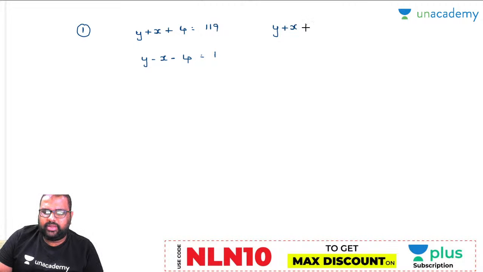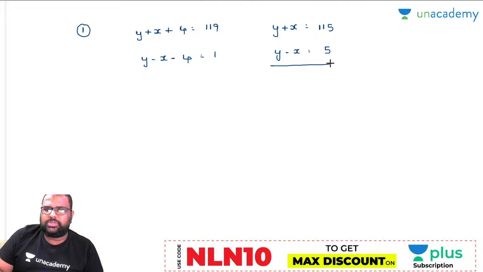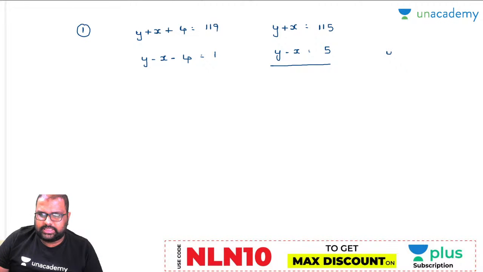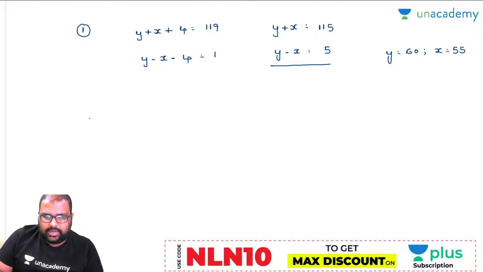Is it 115? And y minus x will be equal to how much? Is it 5? Yes. Upon solving these two equations, what do you get? Y is equal to 60 and your x value will be equal to 55. Will you accept it? Done.